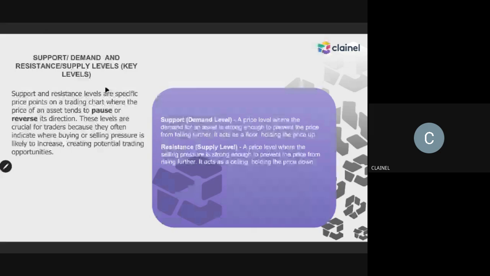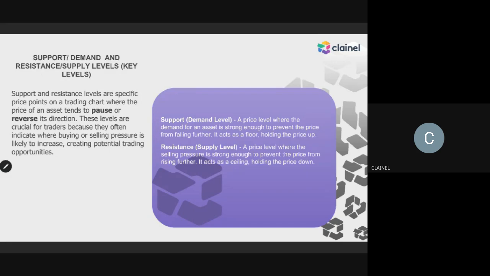So support and resistance levels are places in trading charts where the price of an asset tends to pause or reverse in its direction, like we talked about previously. Price tends to bounce, have a reaction when it gets to that place. These levels are crucial for traders because they often indicate where buying or selling pressure is likely to increase.